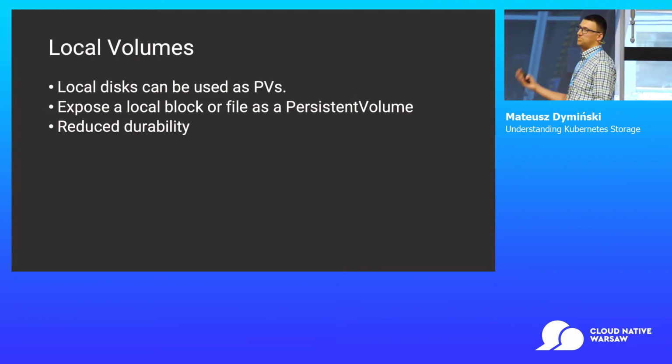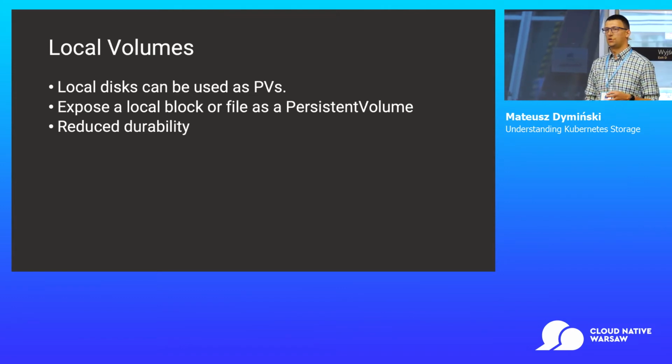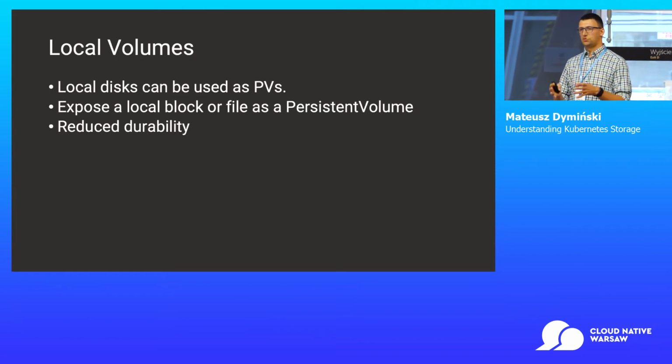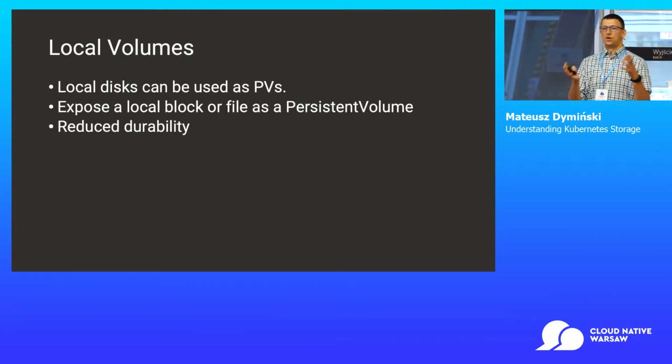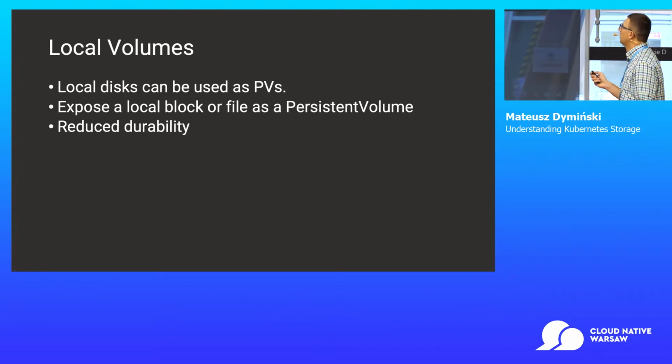We might imagine that the whole node is going down, and then we've got a problem. The data is lost, the node is down, and Kubernetes cannot reschedule the pod on the same VM. So we need to be really careful about these local volumes.